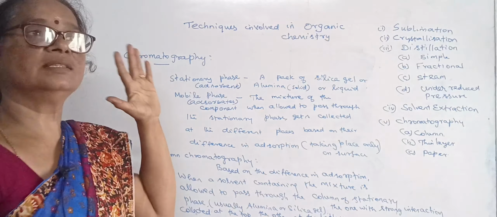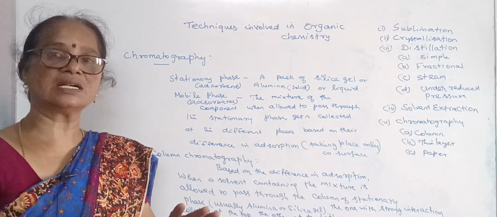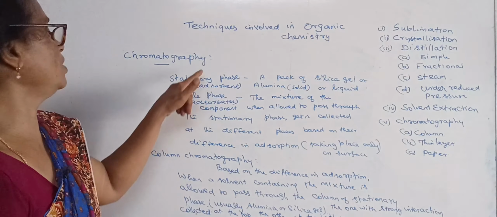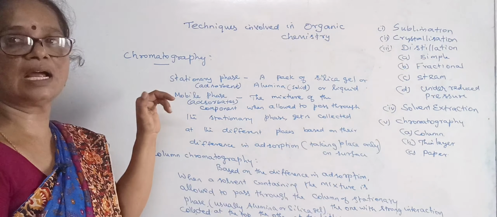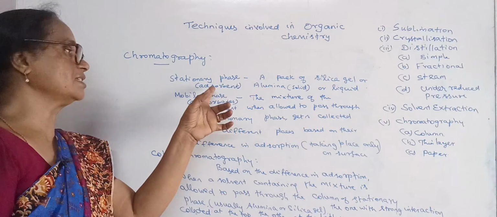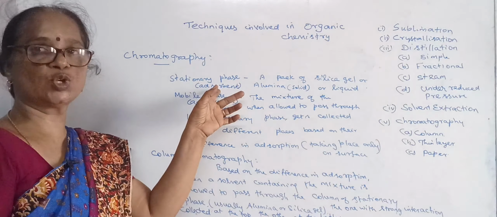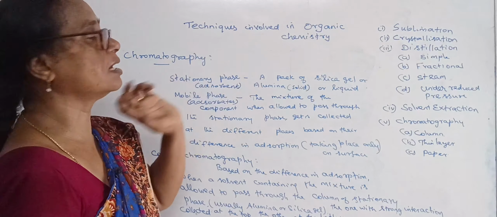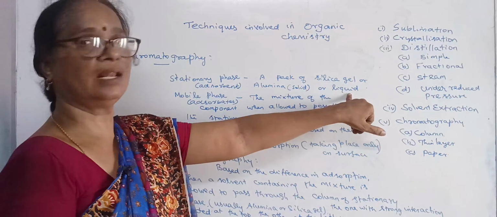Adsorption means the matter is adsorbed only on the surface of the other one. So we have two different phases, one is the stationary phase and the other is the mobile phase, or moving phase. The stationary phase contains an adsorbent. The adsorbent is usually a solid such as silica gel or alumina, or it could also be a liquid.